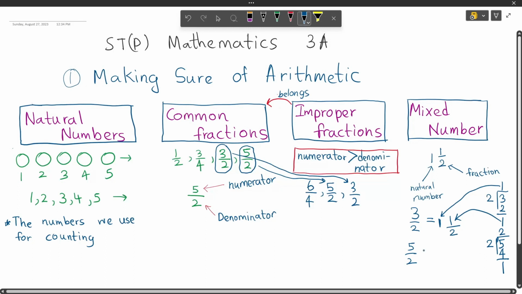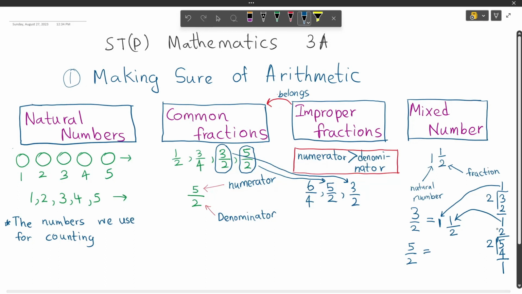So this one comes to here, 2, and this one comes to the top part, 1 over 2. This number is 2 and a half. This is the number we get when we convert 5 over 2 into a mixed number. So we can convert improper fractions into mixed numbers.